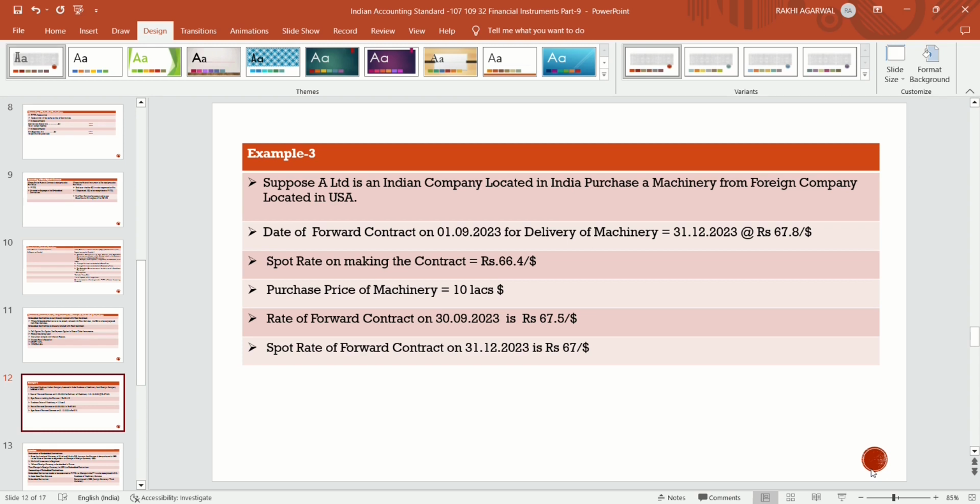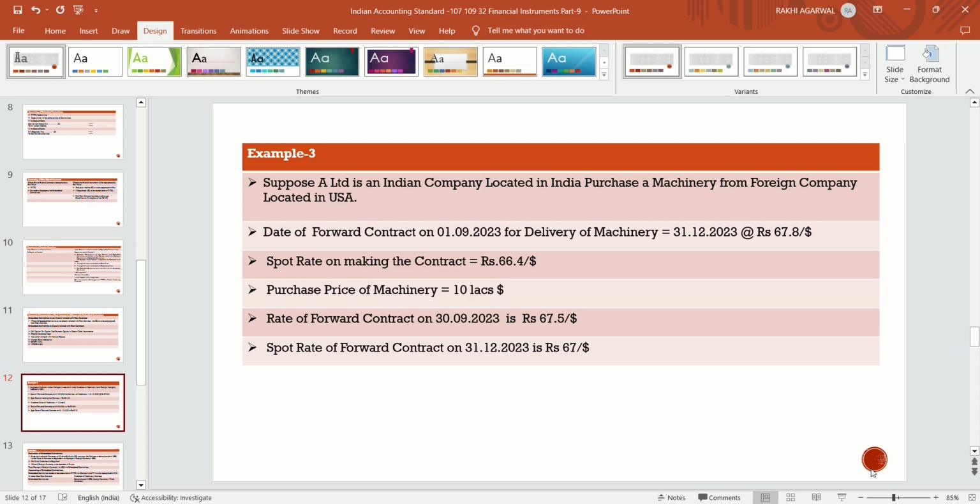Delivery takes place on 31st December 2023 at the rate 67.8 per dollar. Spot rate on the date of making the contract is 66.4 per dollar. Purchase of machinery is at 10 lakh dollars.